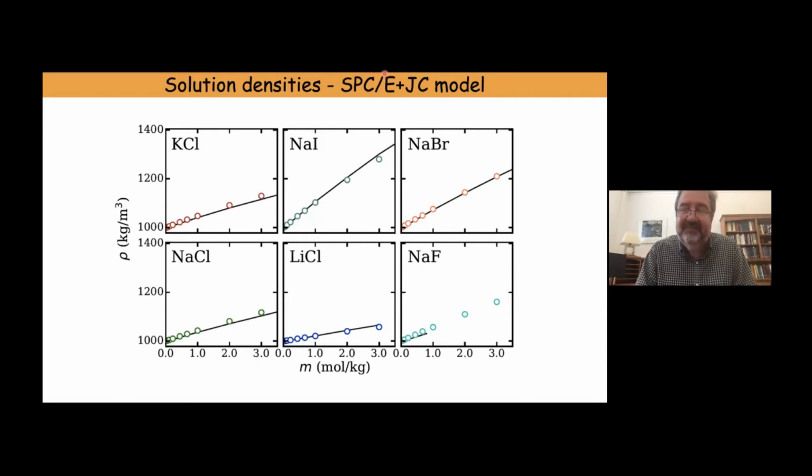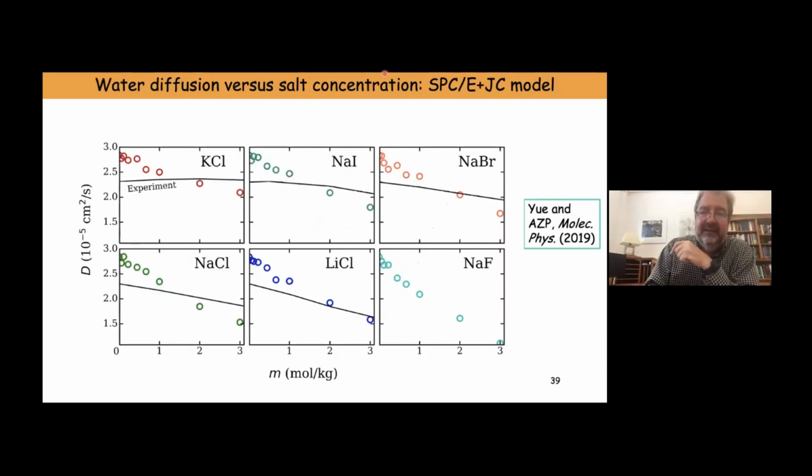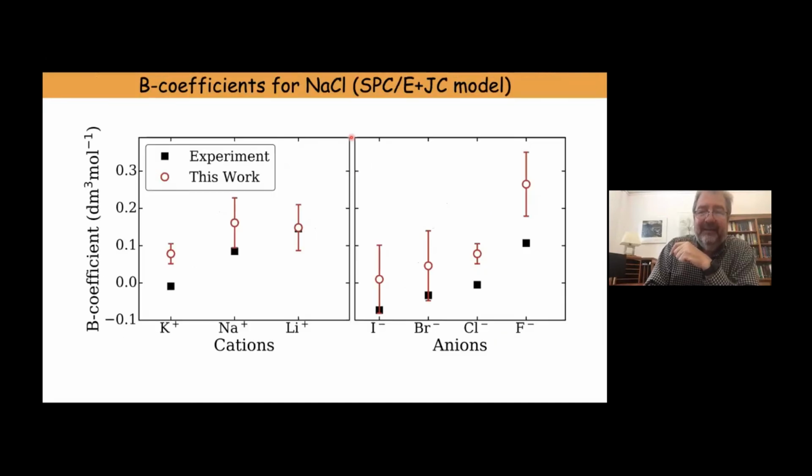Yes, please. So you said the density maybe is not the issue, but what's the dependence of the dielectric constant with the molality of the salt? Do you think this can have an impact on the transport properties? So I did not study that. We are at relatively low concentrations.